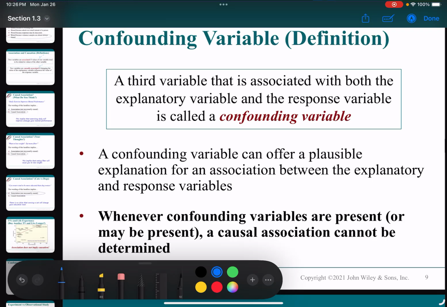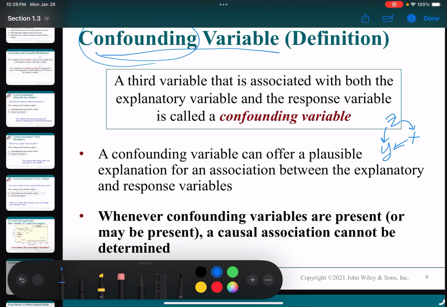Then if you remember, I talked about the confounding variable, which is about the third variable. Let me write it down here. If we have two variables that have a relationship, and there's another variable that can affect both of these, we call it a confounding variable.